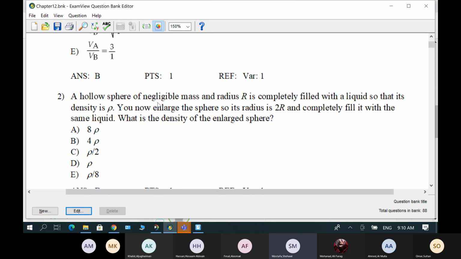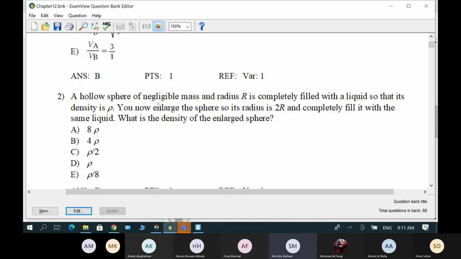Do you know the answer, Faisal, to this question? I do process of elimination. It's not C or E, and it's not D because we enlarged it. I think it's B. So, do you know the density is constant for the same type, regardless of the mass, regardless of the volume, for the same substance?